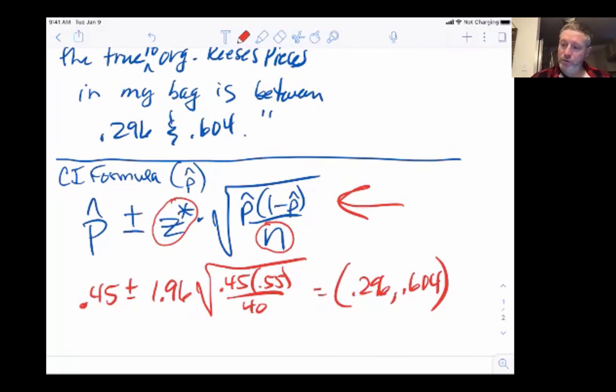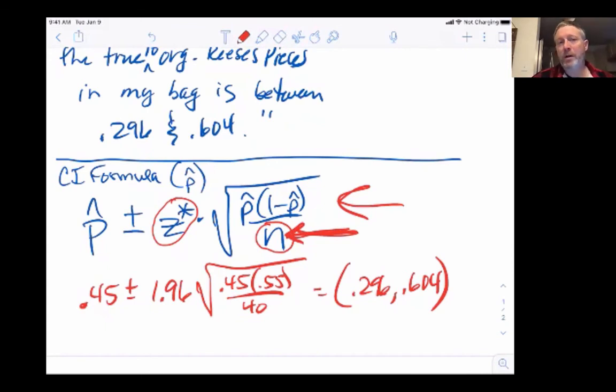What happens if you increase your sample size? If you decide to take a sample that's twice as big as it was before, that's increasing your denominator. And when you increase your denominator, you'll decrease the standard error, which decreases the margin of error.